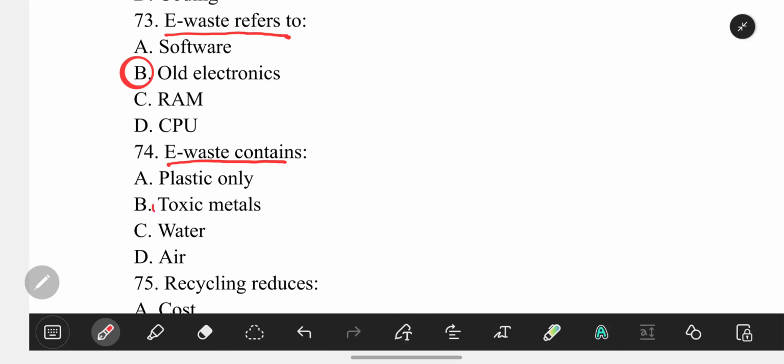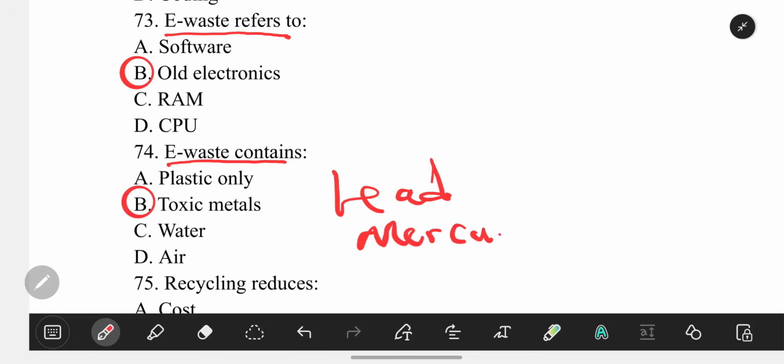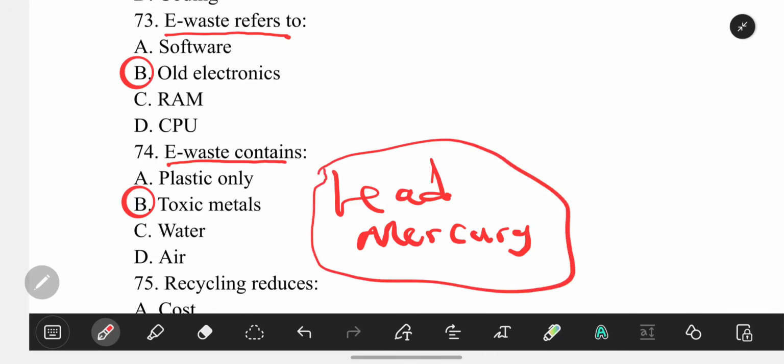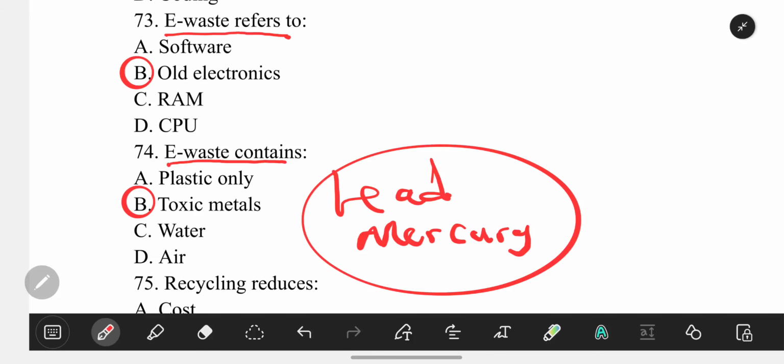It could contain what we call toxic metals. It could be metals such as lead, it could be mercury. So it contains toxic metals. It's not plastic, it's not water, it's not air. No, it is those materials that are used to make mostly computers. So that is basically what e-waste is.